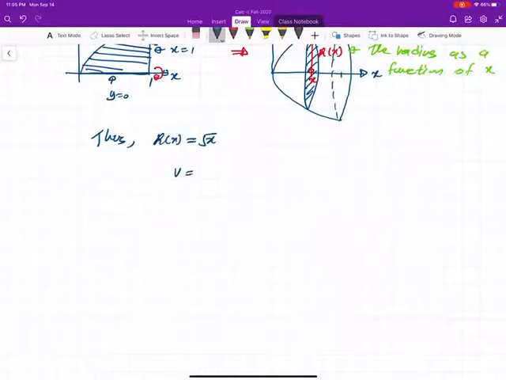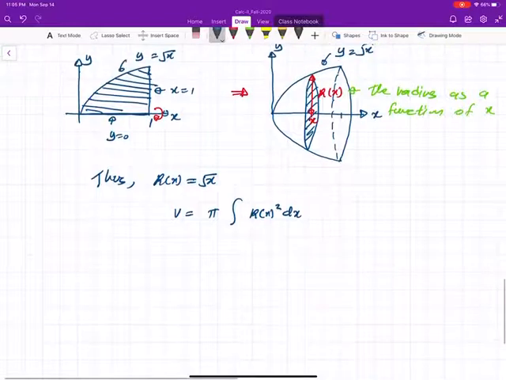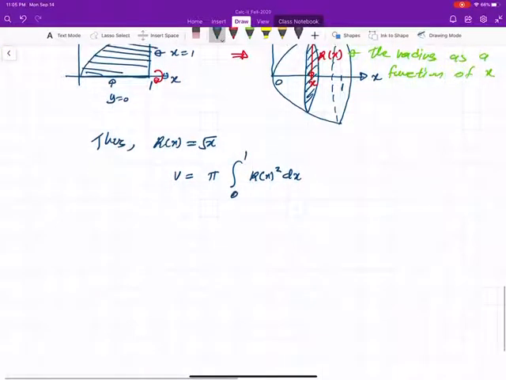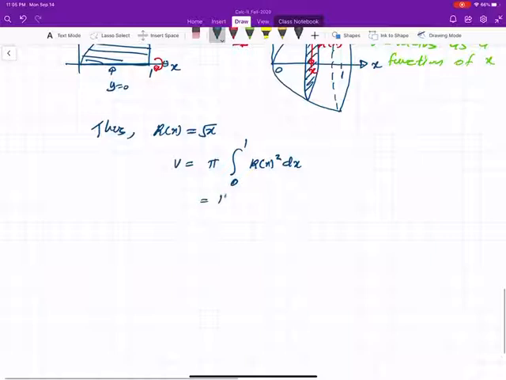Then your V equals pi times the integral of r of x squared dx. Here it is 1, here it is 0. The integration from 0 to 1. Okay, you have to plug in r of x squared. So this should be pi times the integral from 0 to 1 of x dx.